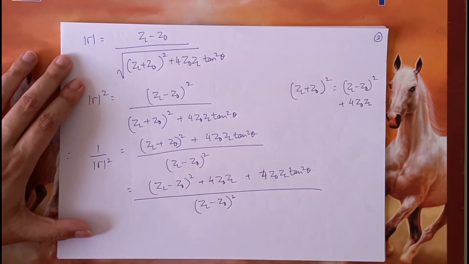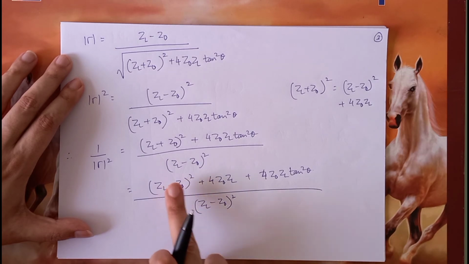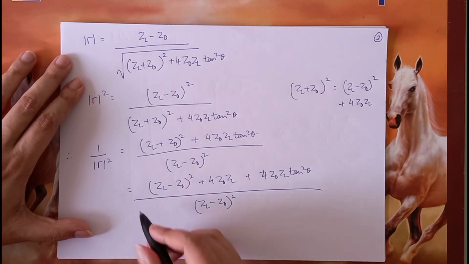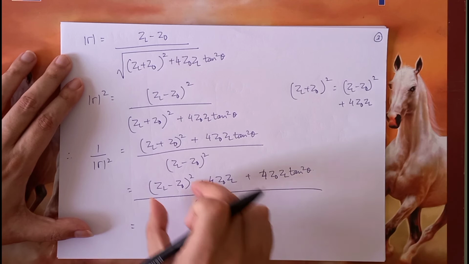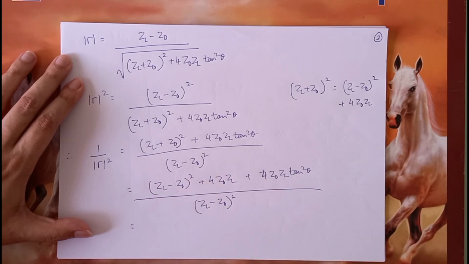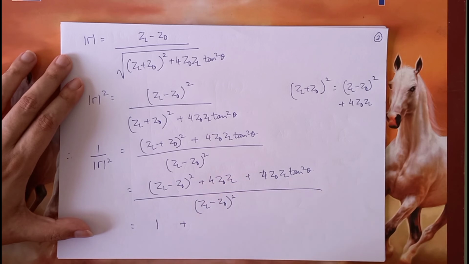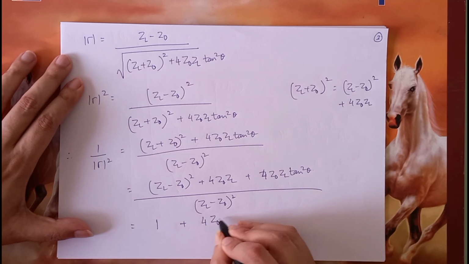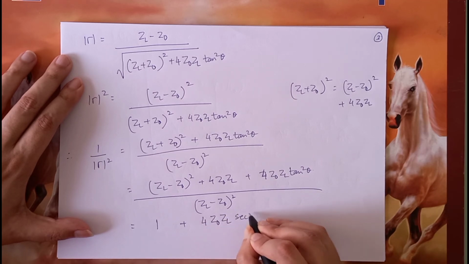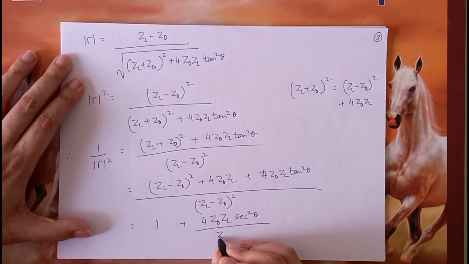Now I can split this, and if I keep these two separately, I get 1 plus, if I take 4 Z0 ZL common, in the bracket 1 plus tan square theta, which is nothing but sec square theta. So this will be 4 Z0 ZL sec square theta divided by ZL minus Z0 the whole square.